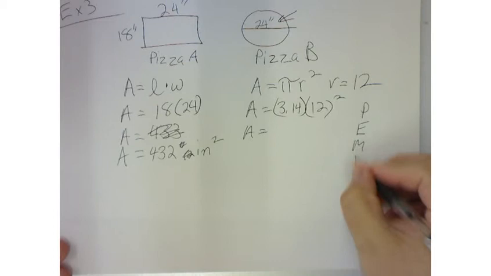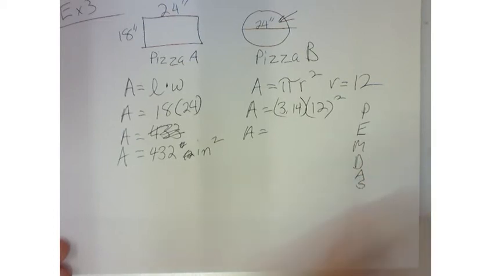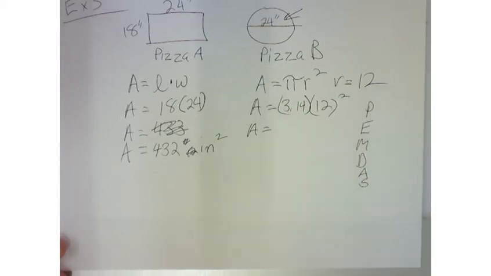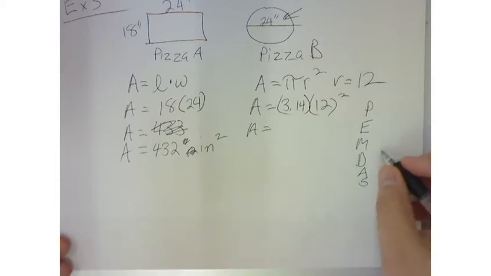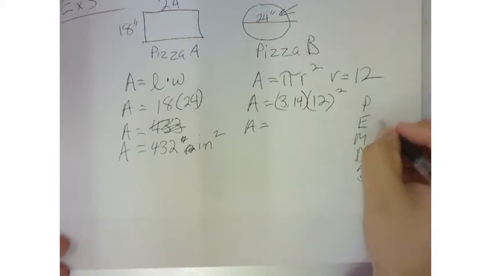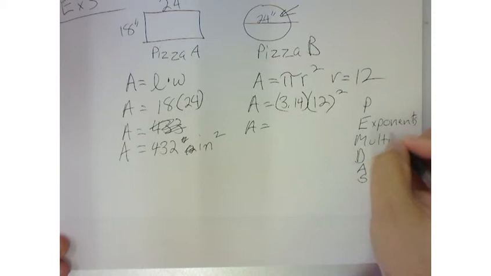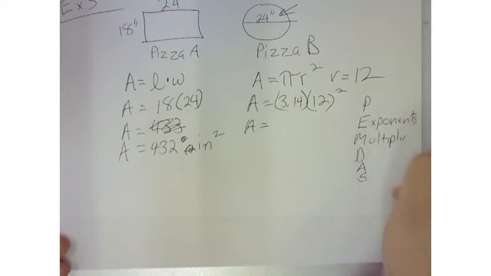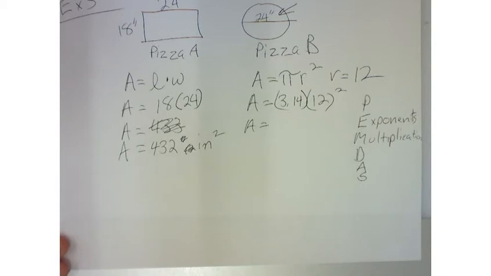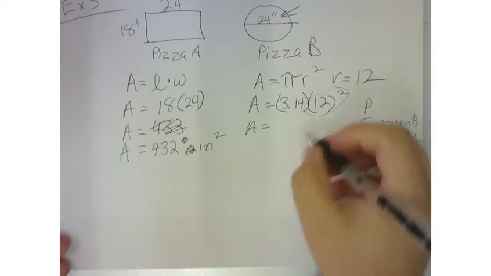What's this I'm writing down? PEMDAS. But how do we remember that? Please excuse my dear Aunt Sally, right? So E, exponents, comes before multiplication. Now you might get lucky when you enter it in your calculator, depending on the type of calculator you have, and your calculator may know to do this first.